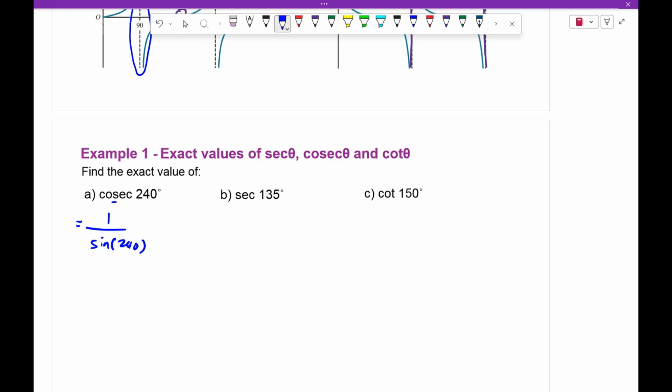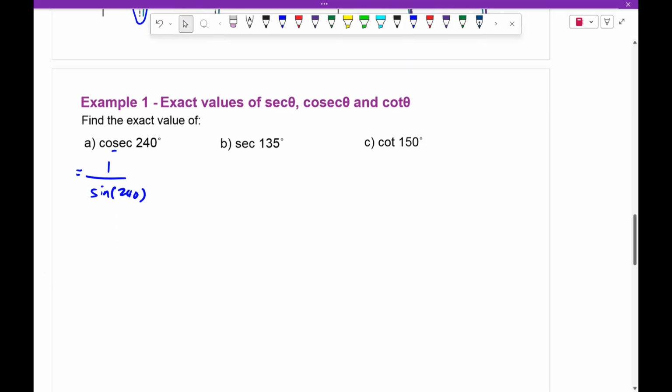Okay? 因为你其实两个 paper 都可以用 calculator 的。Okay? So that's the same as square root of 3 over 2 negative. Again, you cannot just be like, oh, can I find like cosec in the calculator? No, you cannot. 因为没有这个 function. From what I can recall.